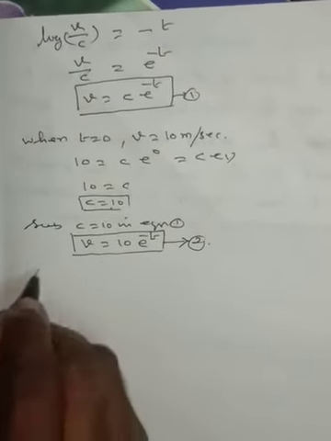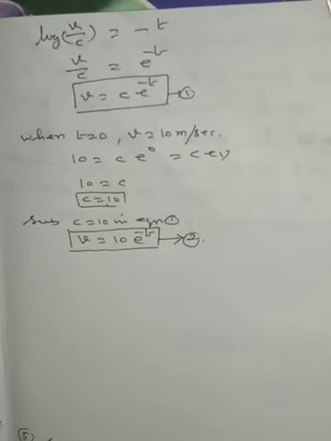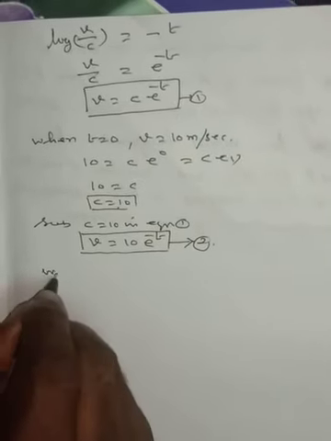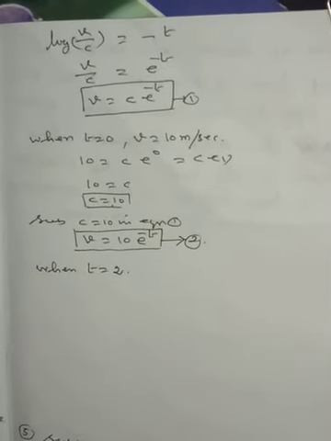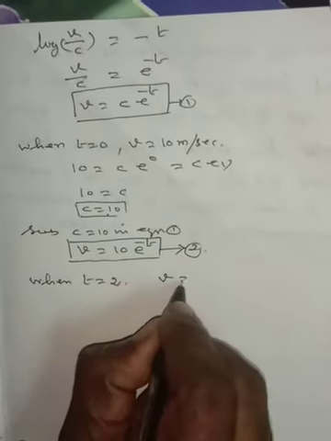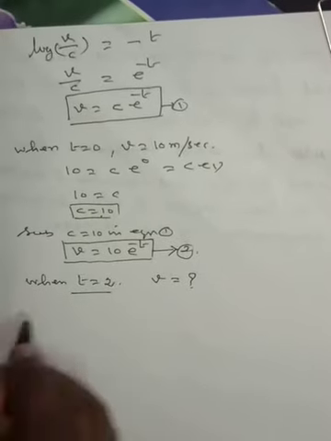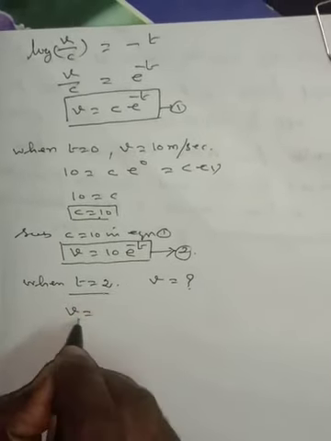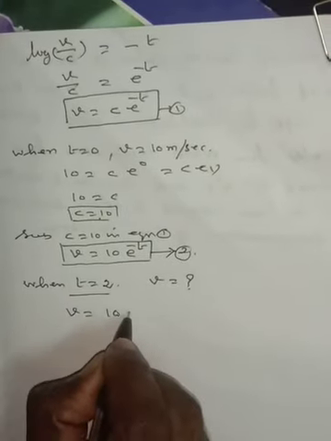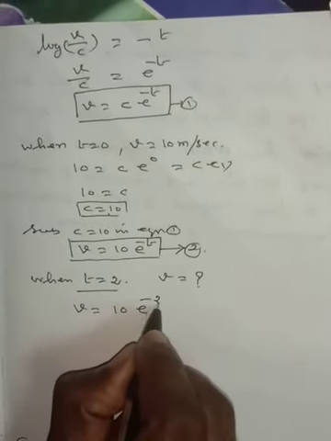When t is equal to 2, after 2 seconds, V is equal to question mark. So V is equal to 10 into e to the power of minus 2.